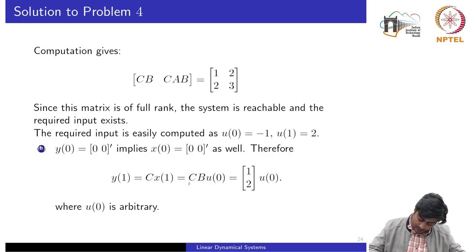Simplifying the C B matrix, we would have 1, 2 and some parameter u0. Now for any u0, this is the y which we can reach from the origin in one time step. So if we choose u0 equal to 1, then y1 would become 1 and 2 respectively.